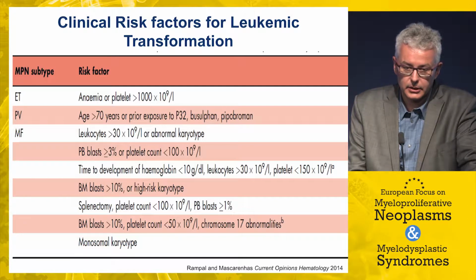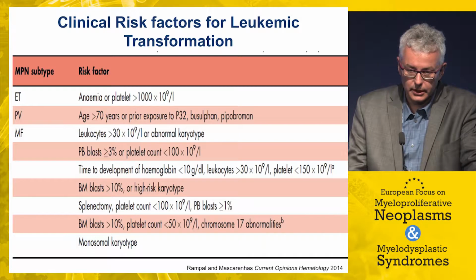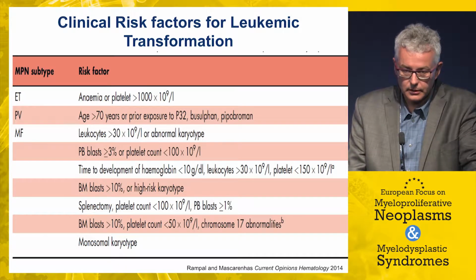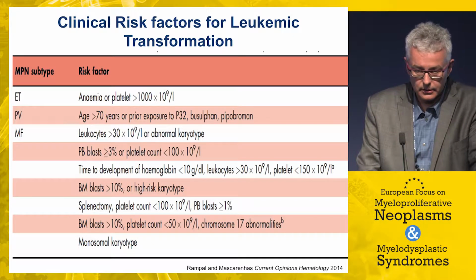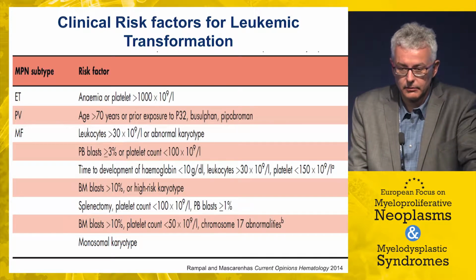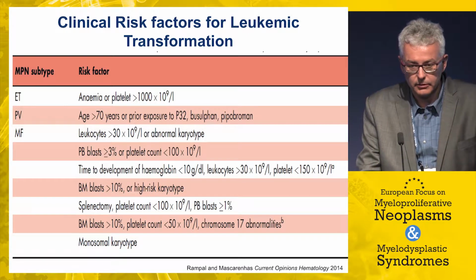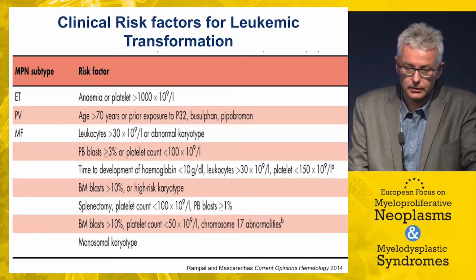And you see, by traditional look, there are factors that are important in terms of the blood cell count. In ET, there is age, there are leukocytes, there are blasts, there are cytogenetic abnormalities that we know predispose people to progression. And of course, there are also some therapies that we know can possibly contribute to progression to acute myeloid leukemia that we do not use much at all anymore.